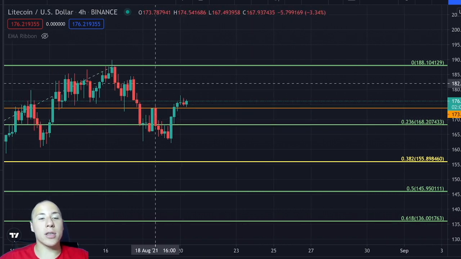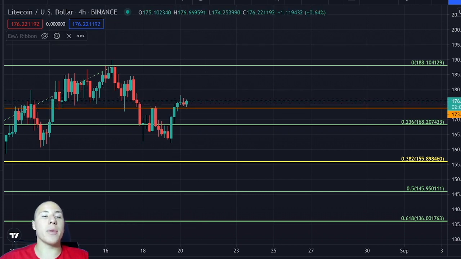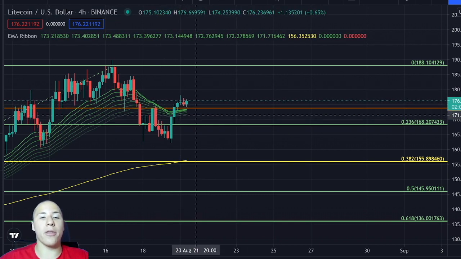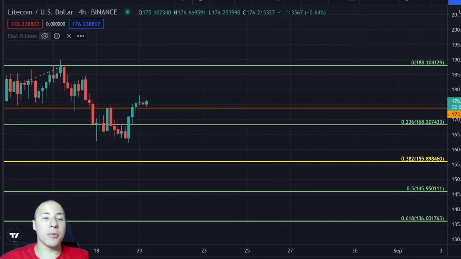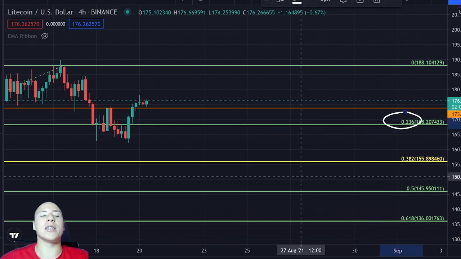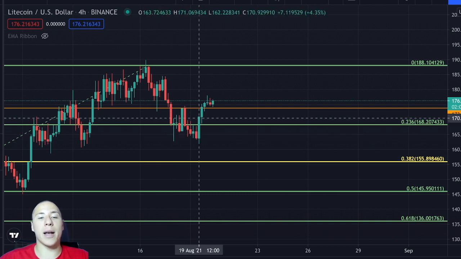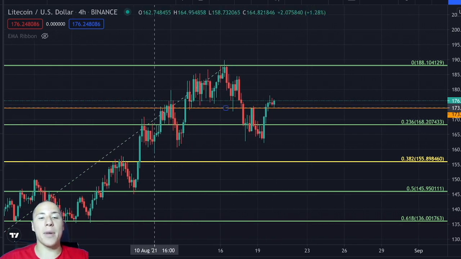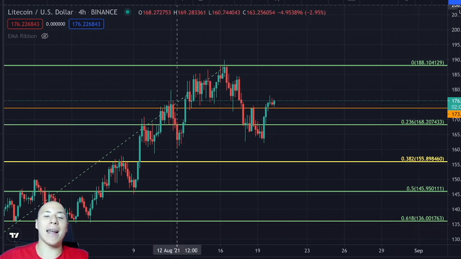So if we see a crossover towards the downside, I think we will for sure not be able to hold strong on top of this level, perhaps not even be able to hold on top of the EMA ribbon, but I think this could mean that we would be heading once again towards the retest of the 0.236 level of Fibonacci, and that could clearly mean that we would be forming a type of consolidation in between these two levels at approximately around $168 and $188.